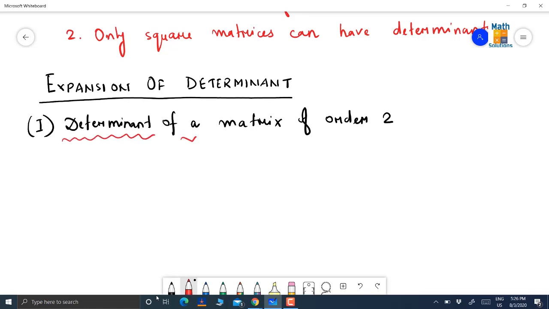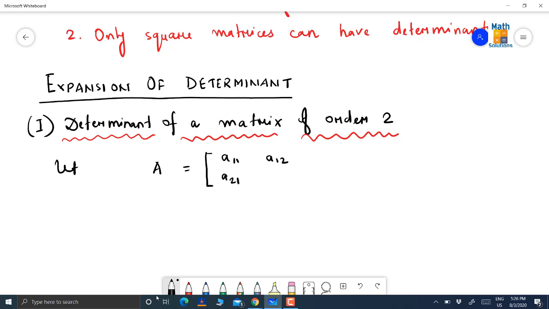Let us check what happens in this case. Let the order 2 matrix be capital A is equal to A11, A12, A21, A22. The determinant of this matrix can be given by this rule: A11, A12, A21, A22.